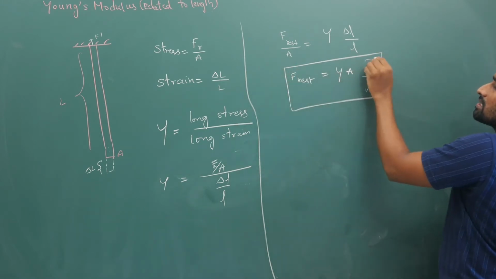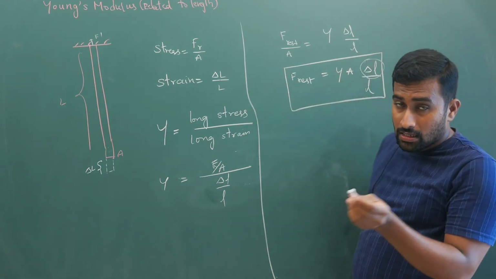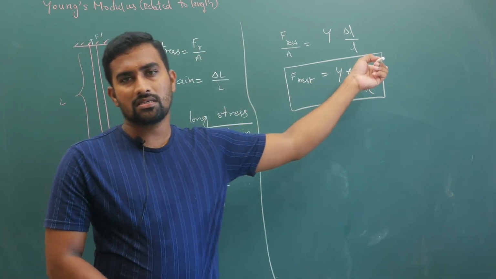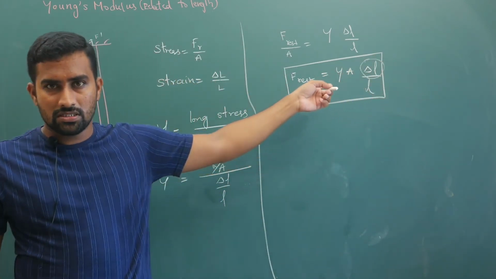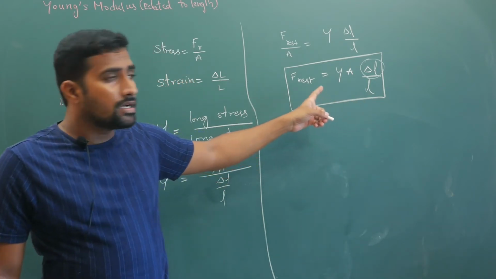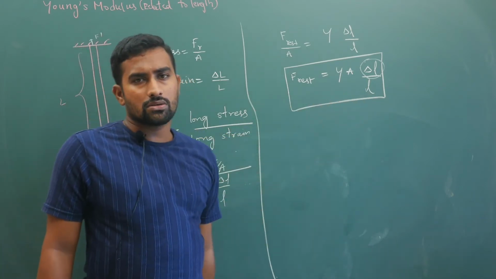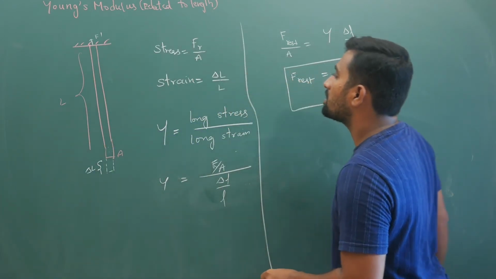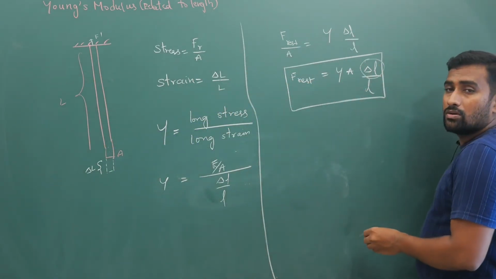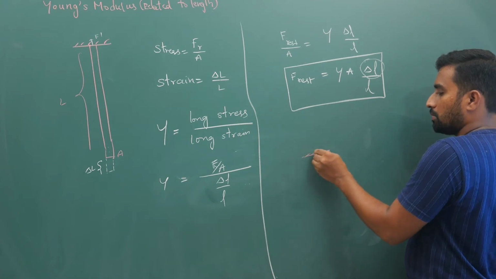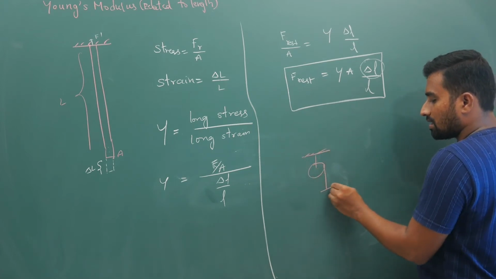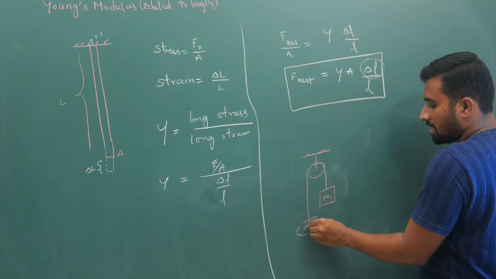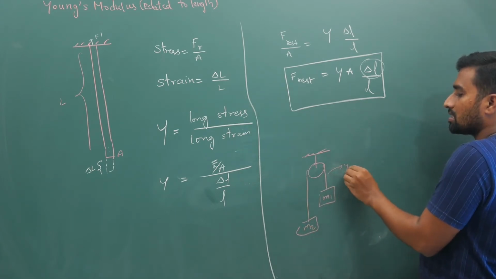Now what is this delta L? Watch my thermal expansion video, where I have explained what delta L is and what thermal stress is in detail. Generally this is your restoring force definition, and based on this there will be simple questions. You will be given pulleys and blocks, and asked to relate Newton's laws of motion with elasticity, where Young's modulus and breaking stress will be given.